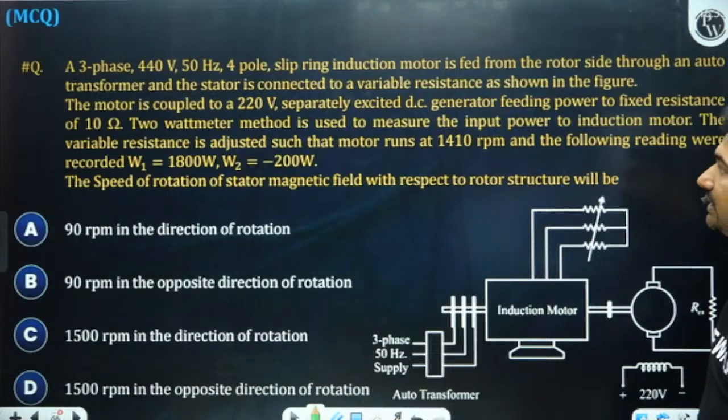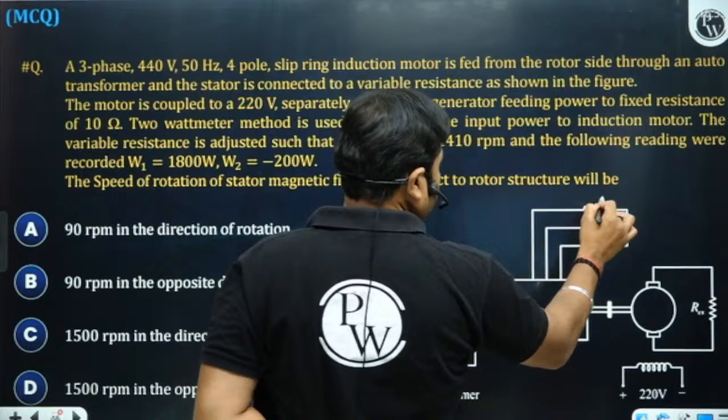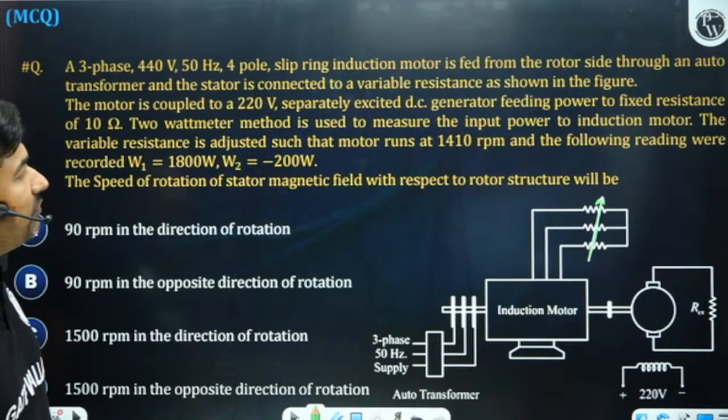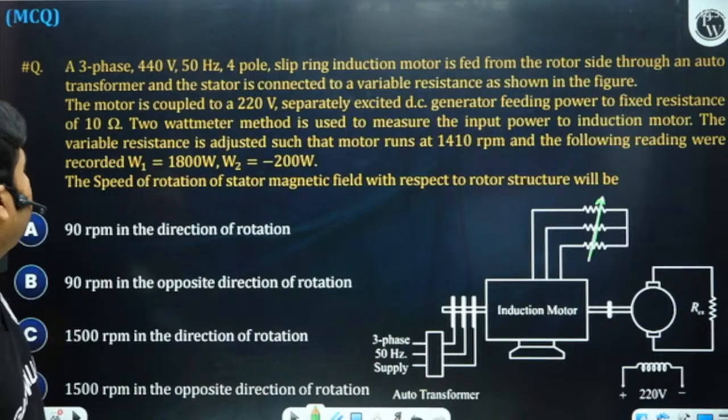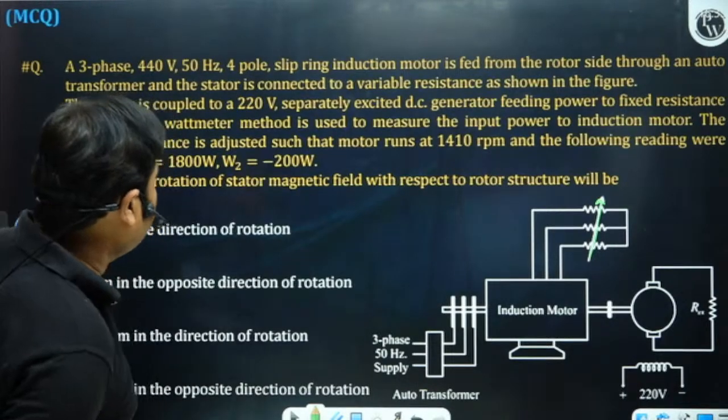The two wattmeter method is used to measure the input power to the three-phase induction motor. The variable resistance is adjusted such that the motor runs at 1410 rpm, and the following readings are recorded: W1 is 1800 watt and W2 is minus 200 watt.